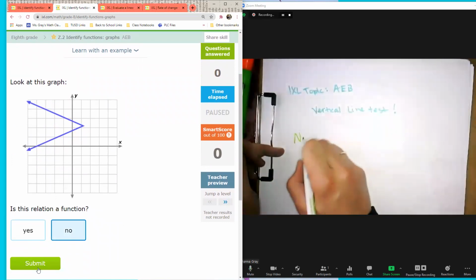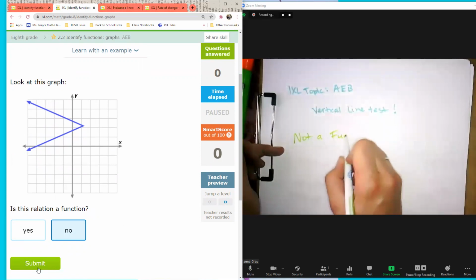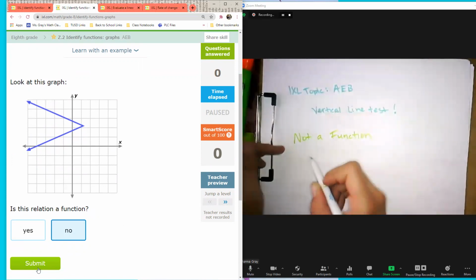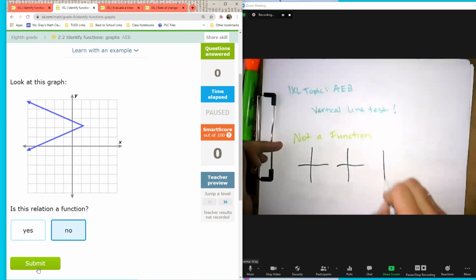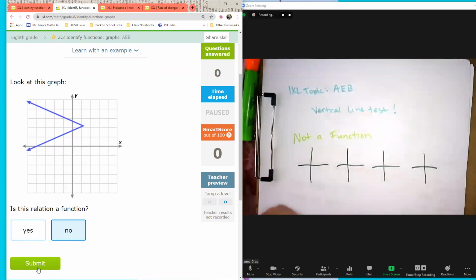So let's collect a few ideas of shapes. The first one we said was not a function. It looks something like that.